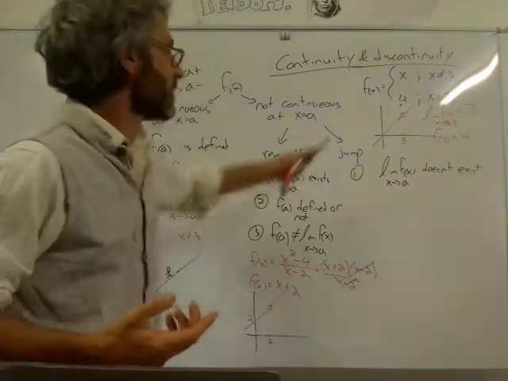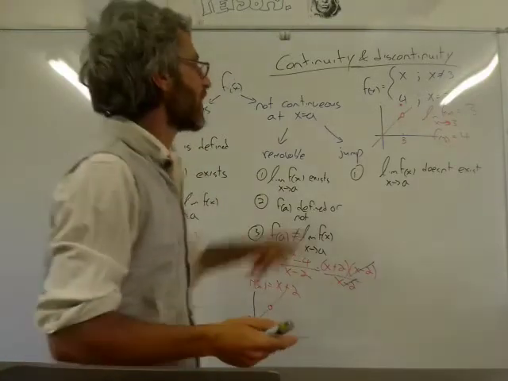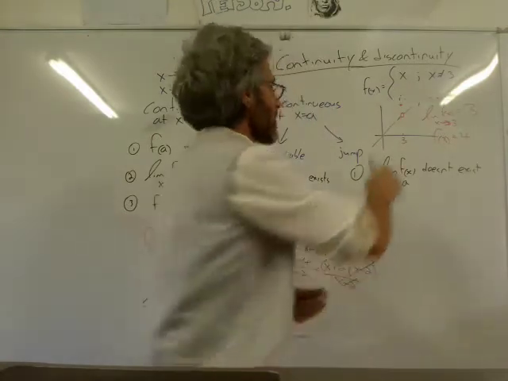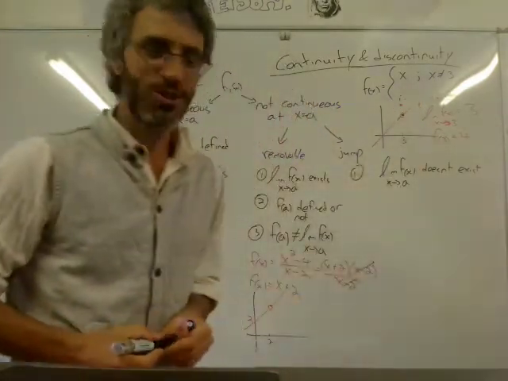But why are we calling it removable discontinuity? Because it can easily be fixed. How can I fix this function? No problem. Just get rid of that, and then the black dot will come in here, and then it's continuous.